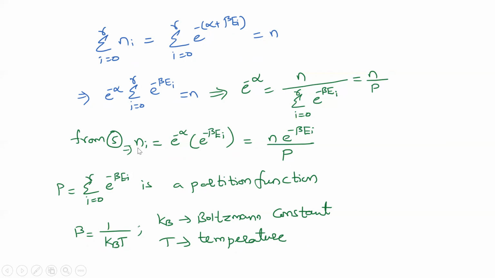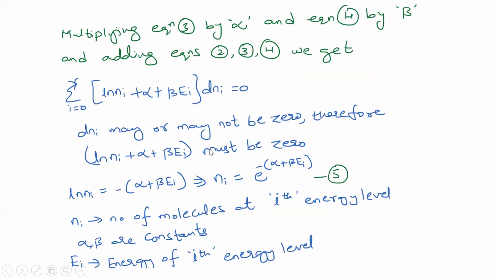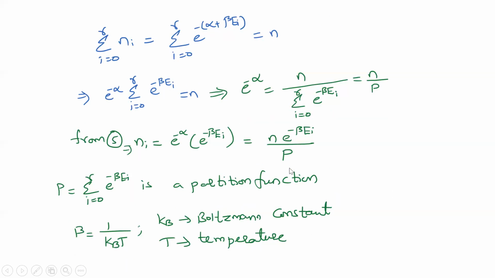Now from this, Ni is equal to e power minus alpha into e power minus beta Ei. When we separate the terms, e power minus alpha and e power minus beta Ei, we can replace e power minus alpha by N by P and write e power minus beta Ei as it is.